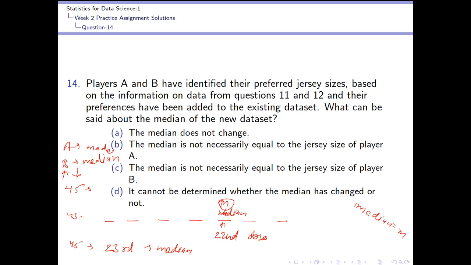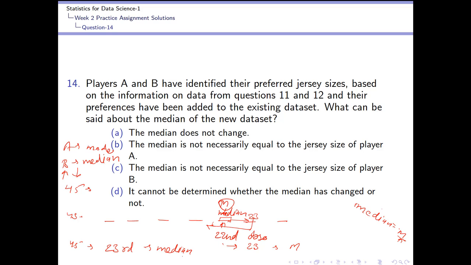Now when B has ordered the median observation, in our example, he has ordered M jersey size. Now we have to arrange them in order, so M will be placed somewhere around the 22nd position. Let's say if it is placed before the 22nd position, then the jersey size which was at the 22nd place will come to the 23rd position. If it is placed after the 22nd observation, then the jersey size at the 23rd observation will again be M size.